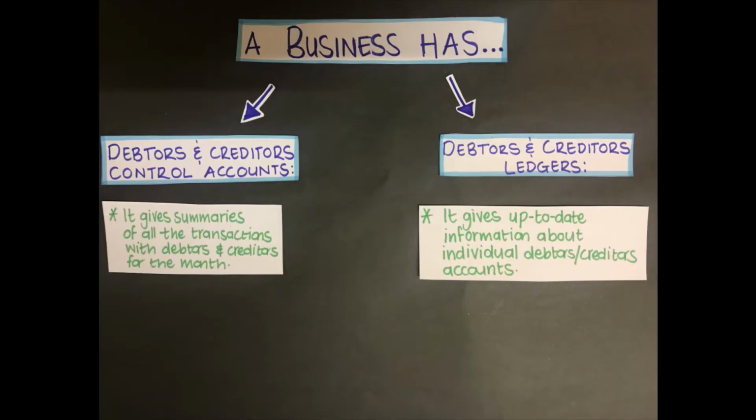But the debtors and creditors ledgers give us up-to-date information about individual debtors or creditors accounts. I call it the little black book, so that at any point in time, you know exactly how much every debtor owes you and how much you owe every creditor.